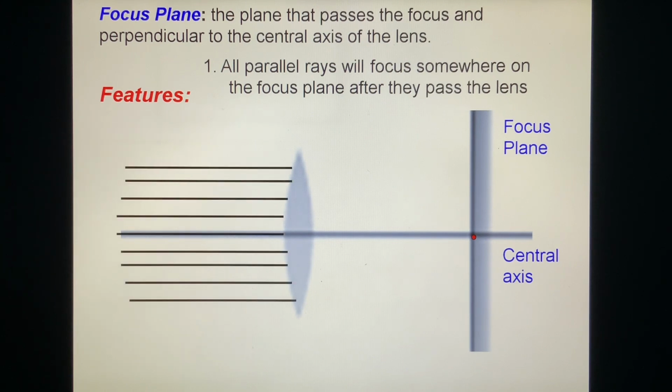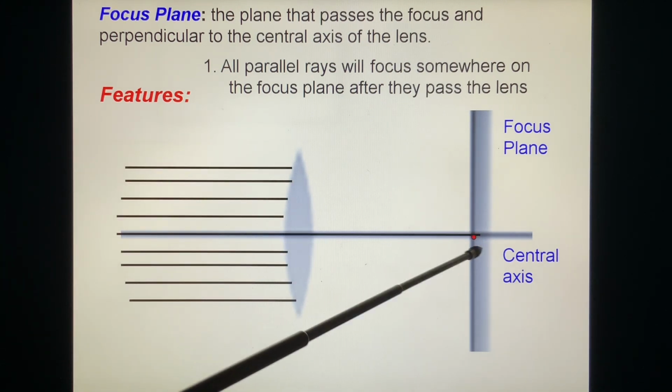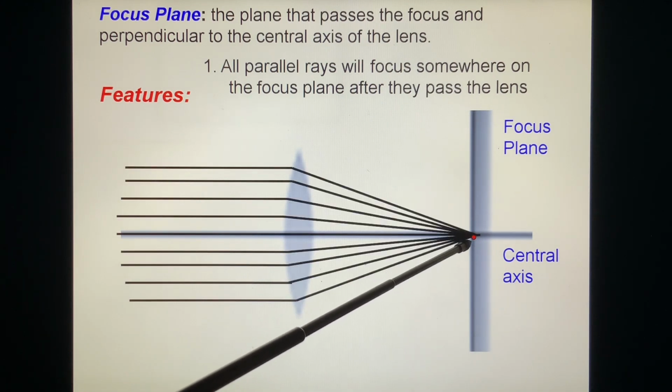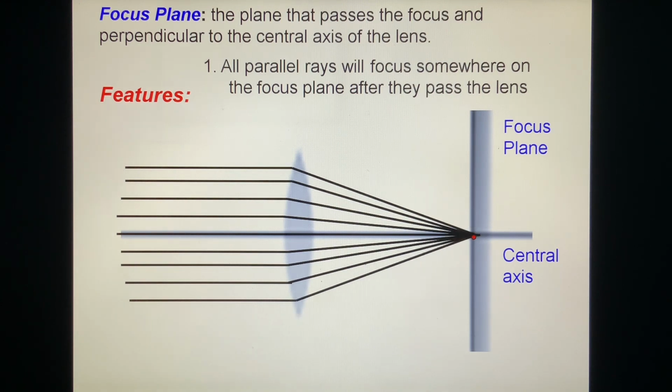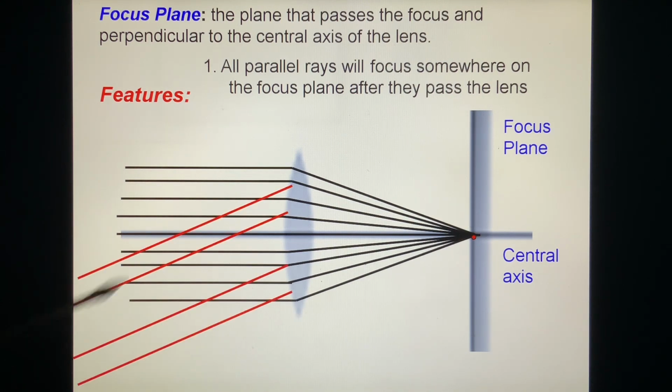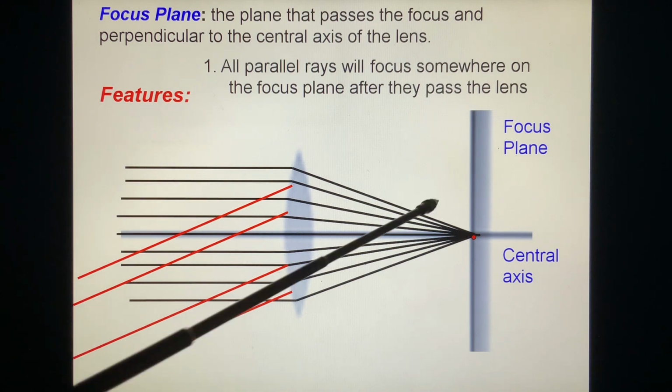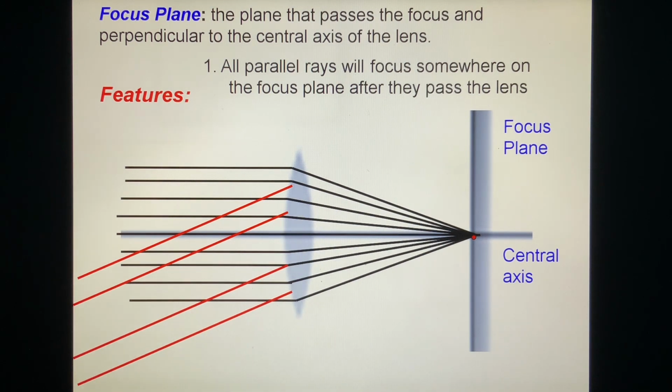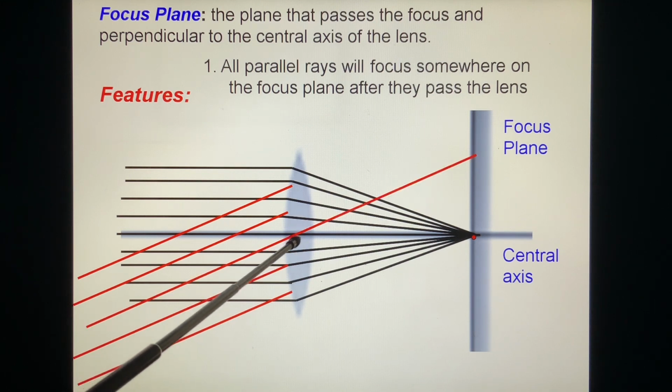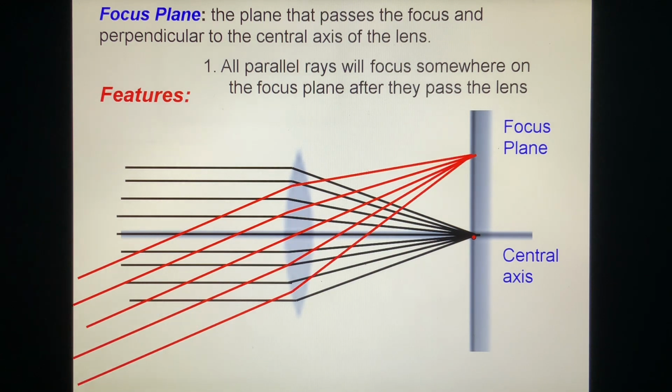For example, these parallel lines meet at one point. Which point? A line which passes through the center of the lens never changes, so all of them will meet there.